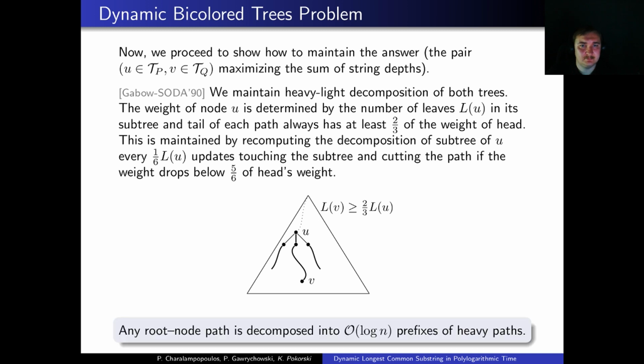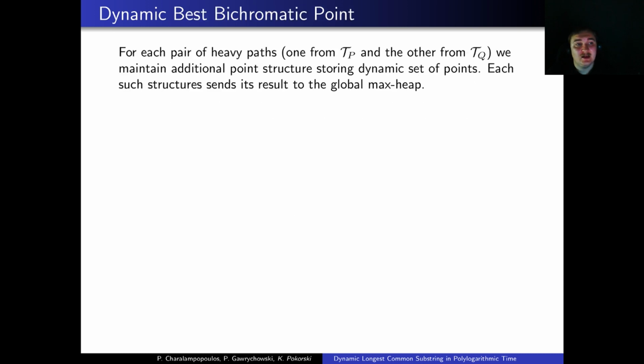And the good thing here is that any route to any node path is decomposed only into log n parts of heavy paths. So for pairs of heavy paths, one heavy path comes from P and one comes from TQ.